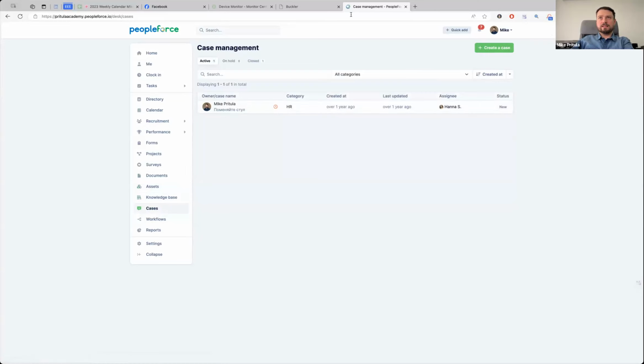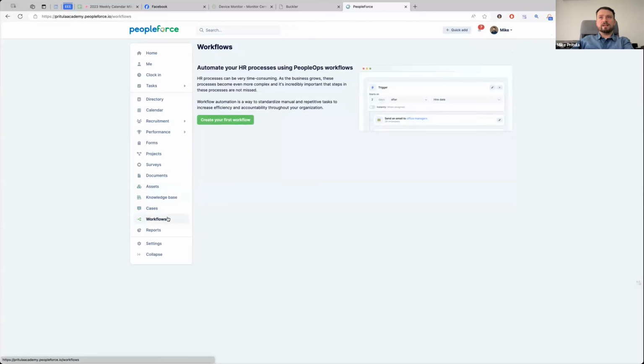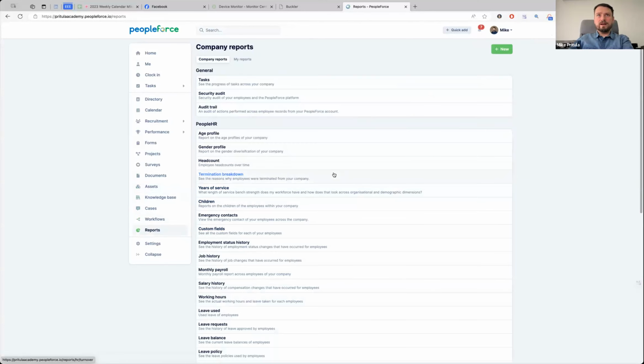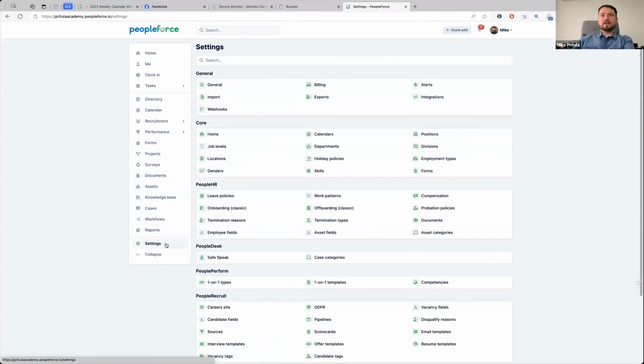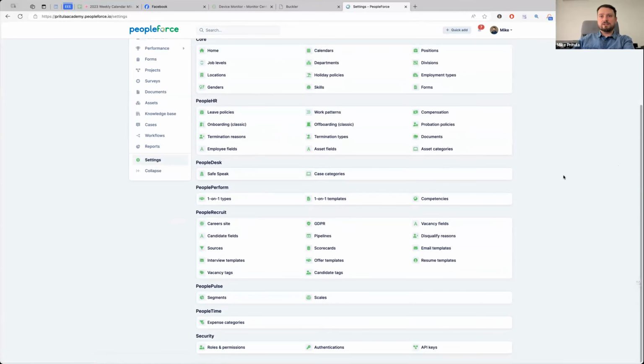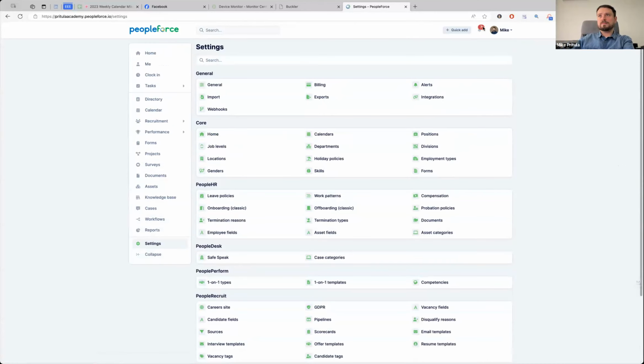People can create a case, and we may organize the work with the case. Then we can create workflows, and there are also reports. A lot of different reports, like termination and other reports. Then we have settings, and a lot of different settings. And yeah, that's it. These are the main features of such a system.